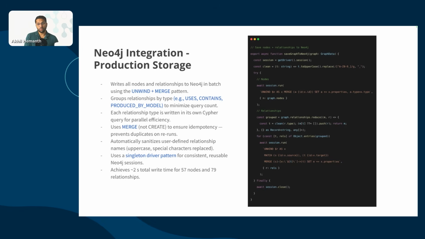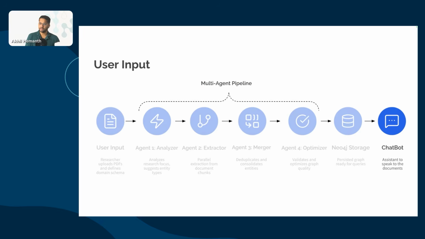And so now this gives us the opportunity to then use cipher query from the chat kit or any chatbot with the help of MCP server for us to query all of the data and the research that we've done. And the final step is, we hook it up to the chat kit with the help of Neo4j's MCP server, and then we start asking questions.